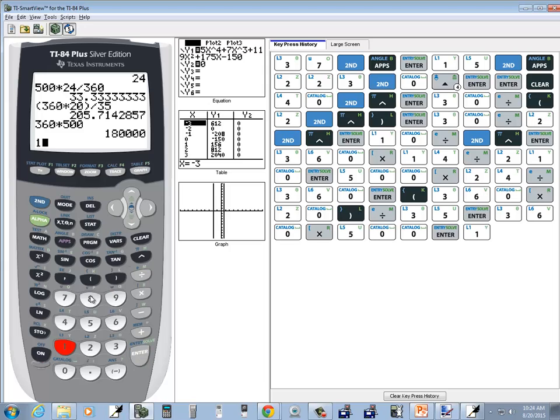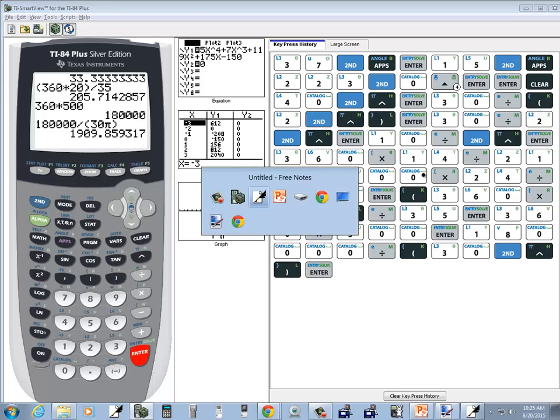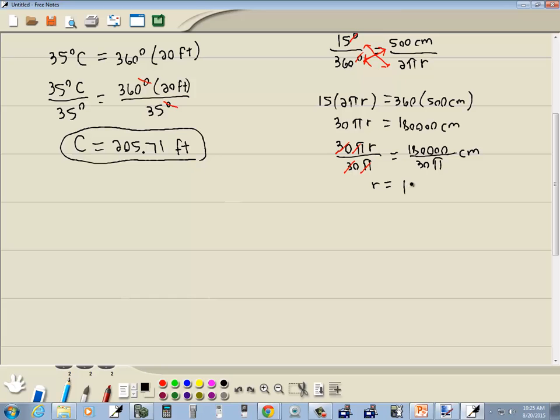So I'll do 180,000 divided by beginning parentheses, and then I got 30 pi. So 30 and then second caret for the pi, and then closing parentheses and then enter. Now I'll take it 2 decimal places, but R is equal to 1,909.86 centimeters, because remember, your unit measure just carries down.